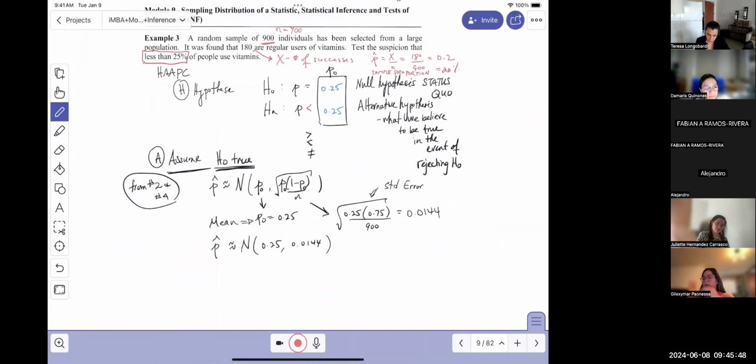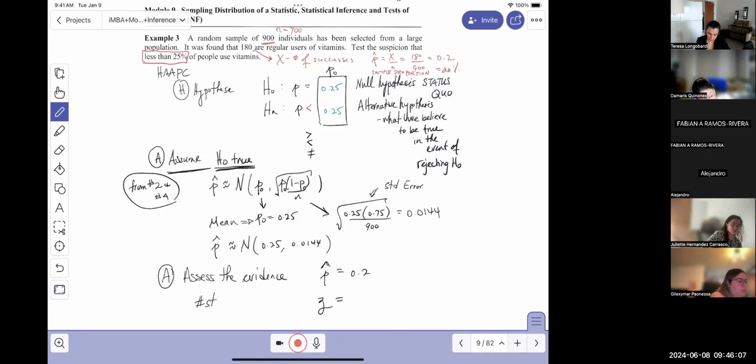The next step is to assess the evidence. The evidence is P hat equal to 0.2. Assessing it means find Z. Find the number of standard deviations.